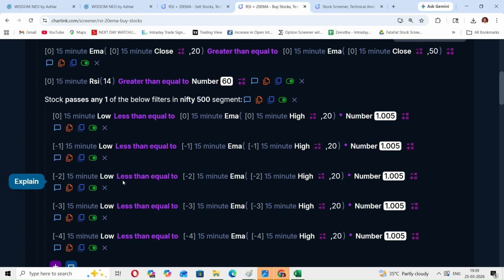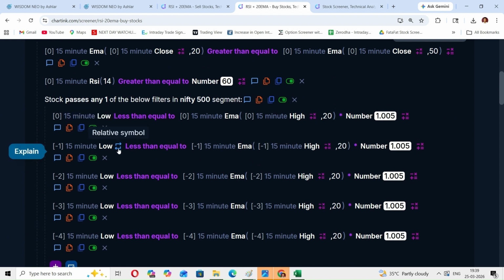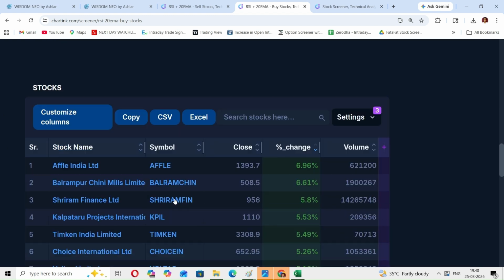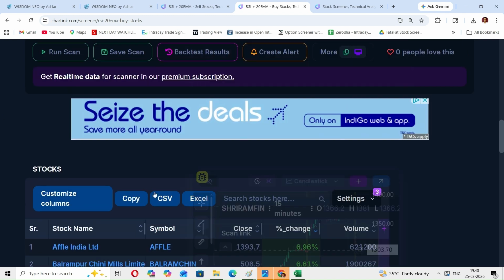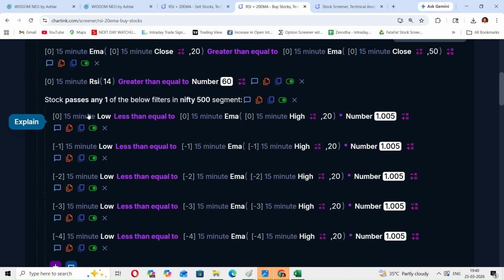If any one of the conditions is satisfied, then that stock will be reflected in this stock list. So see here, what is the condition? 15-minute low should be less than 15-minute 20 EMA high, with 0.5%. Let me explain this on the chart.